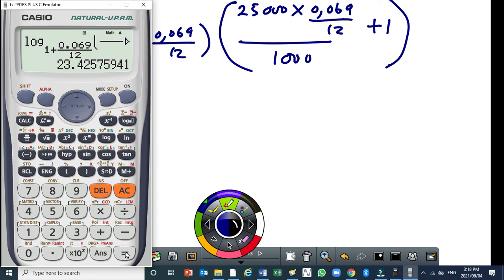If the question was asking to determine the number of payments, is the answer going to be 23 or 24? It will be 24. Let me explain.